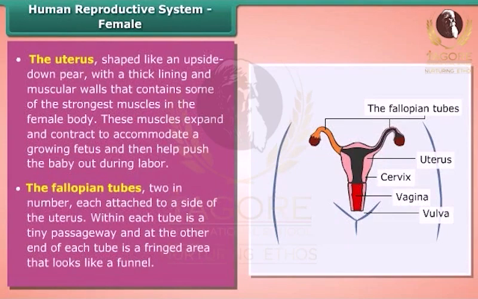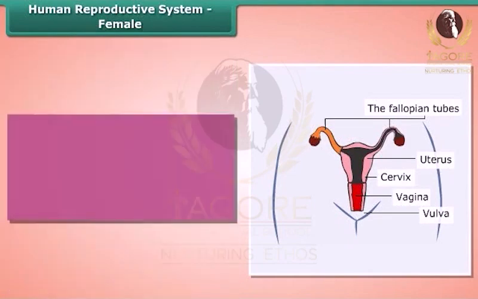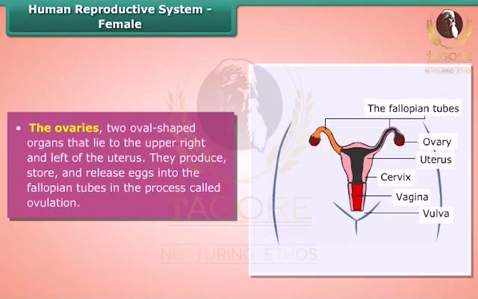Within each tube is a tiny passageway, and at the other end of each tube is a fringed area that looks like a funnel. The ovaries are two oval-shaped organs that lie to the upper right and left of the uterus. They produce, store, and release eggs into the fallopian tubes in a process called ovulation.